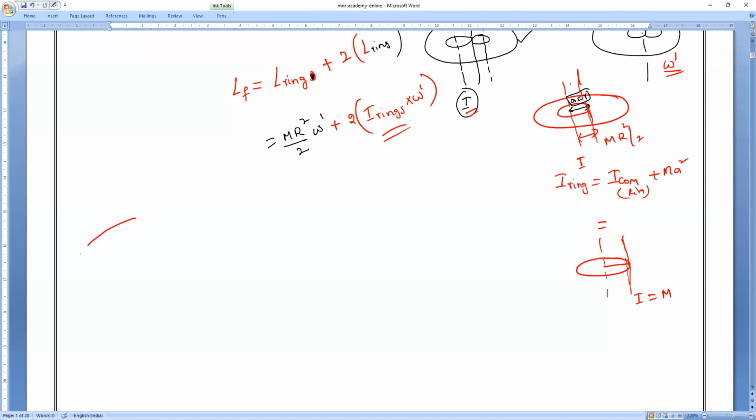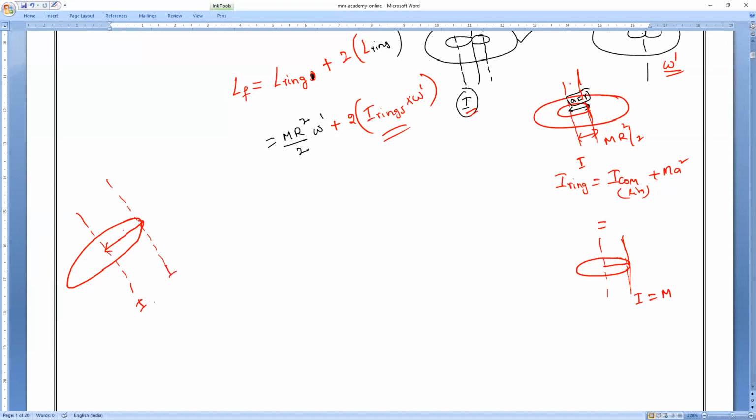Check in your notebooks and tell me. This is a smaller ring, and the axis of rotation is the center. Only the smaller ring, not the big ring. Forget about the big ring. The smaller ring is attached to the big ring now, so only this smaller ring we have to consider. We have to find the moment of inertia here.